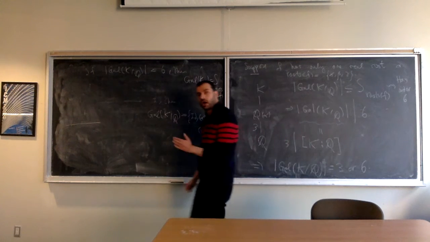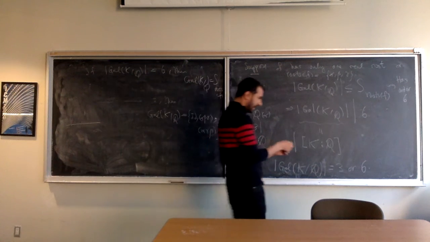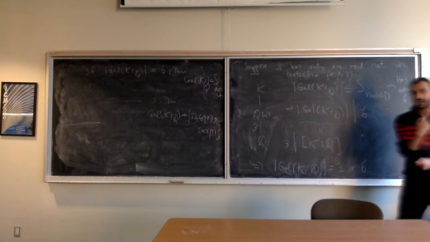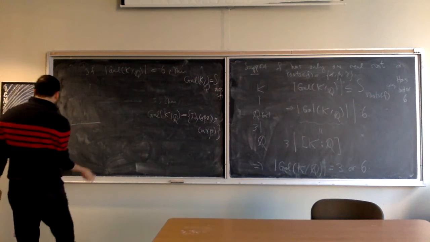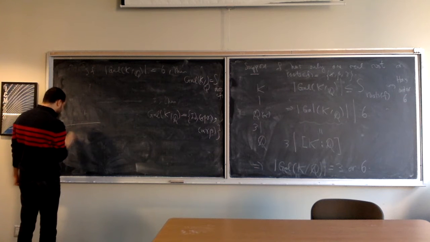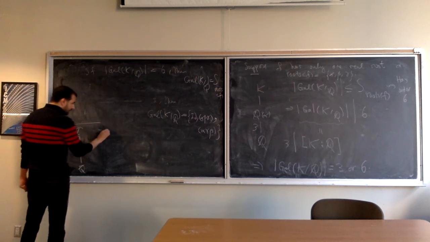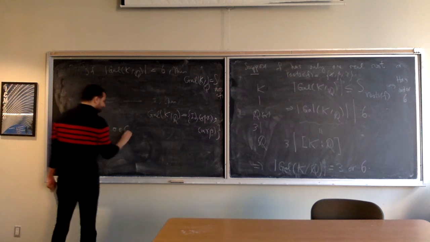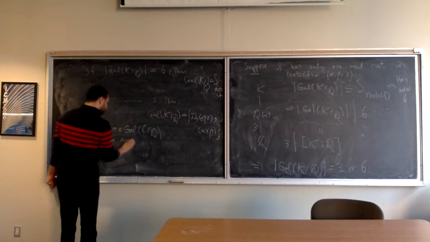I'm going to use the result that we did earlier about having the tower of extensions, L, K, F, and an automorphism of L over F restricting to an automorphism of K. That always happens as long as K is a splitting field over F. Now you have the following picture: C, here K, here Q. Let sigma be complex conjugation.